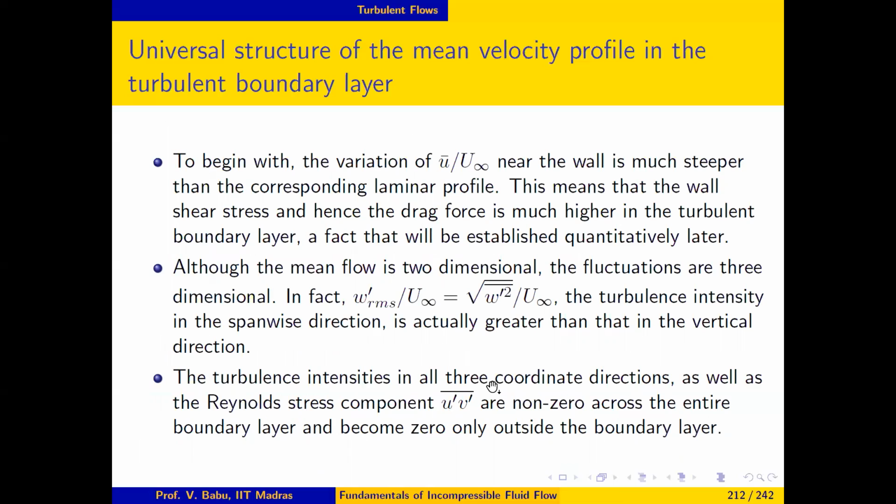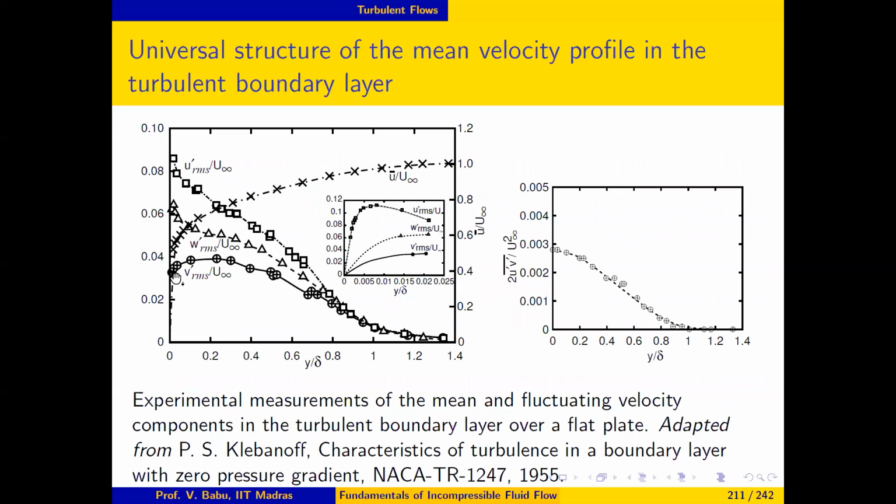Now, the other observation that we can make is that the turbulence intensities, which means the fluctuations in all three coordinate directions, and the Reynolds stress component u prime v prime bar are non-zero across the entire boundary layer, and they decay to zero only outside the boundary layer. So you can see that u prime, v prime, and w prime are all non-zero inside the boundary layer, and as y over delta goes beyond one, which means we are outside the boundary layer, they decay to zero.